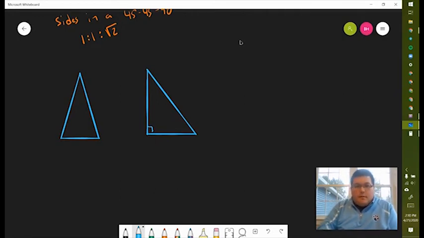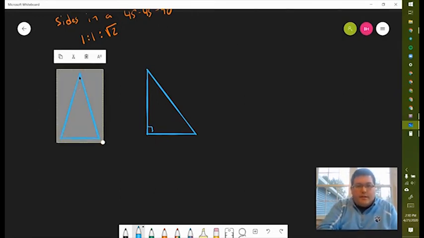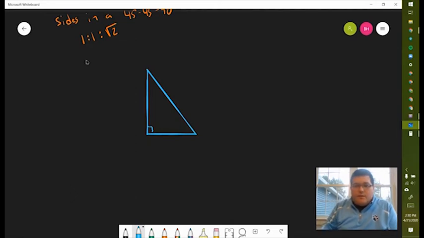All right, so here we have a second type of triangle, and this one I'm going to give angle measures of 30 degrees and 60 degrees. And this is our 30, 60, 90 special right triangle.